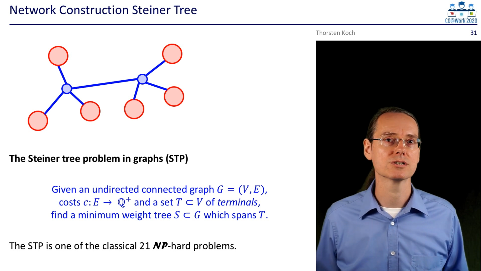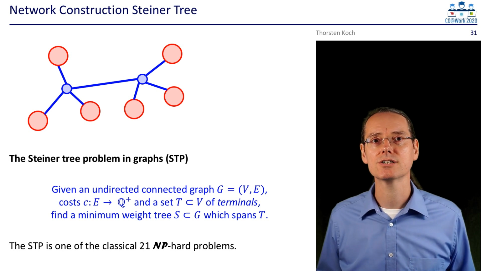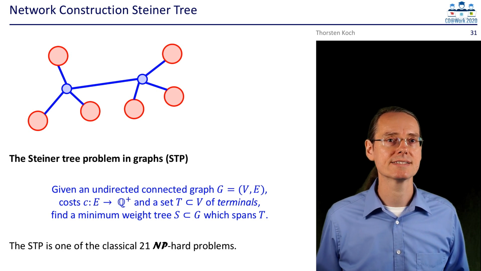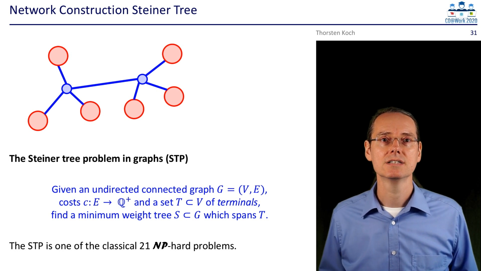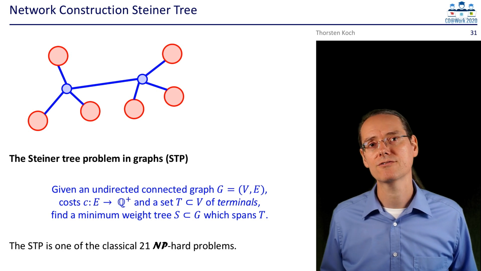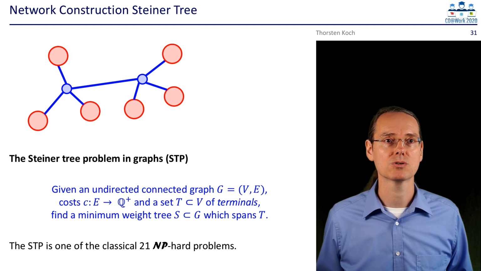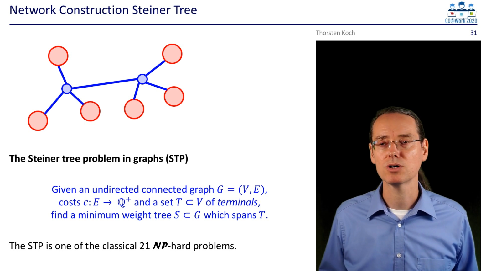The outer nodes are called terminals here, and the problem is, as you can see here, given an undirected connected graph and some costs on the edges, find a set of intermediate nodes such that the whole graph gets connected at minimum cost. And this is actually one of the classical 21 NP-hard problems.